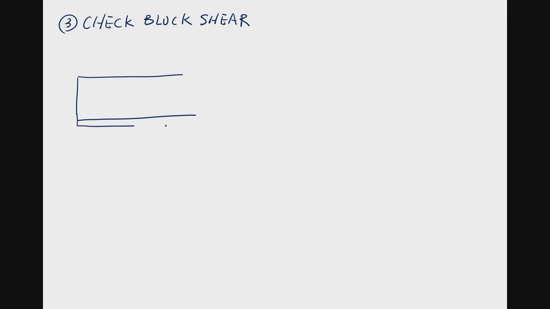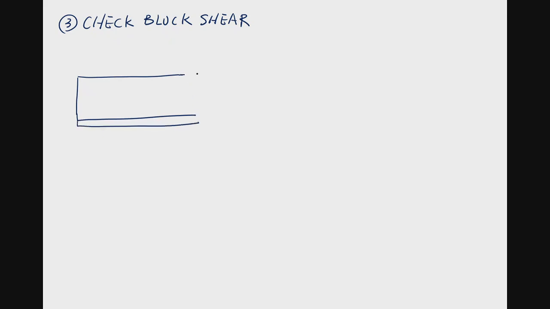check block shear. Right? Next step, check block shear. Okay. So let's see what the possible failure block would look like.